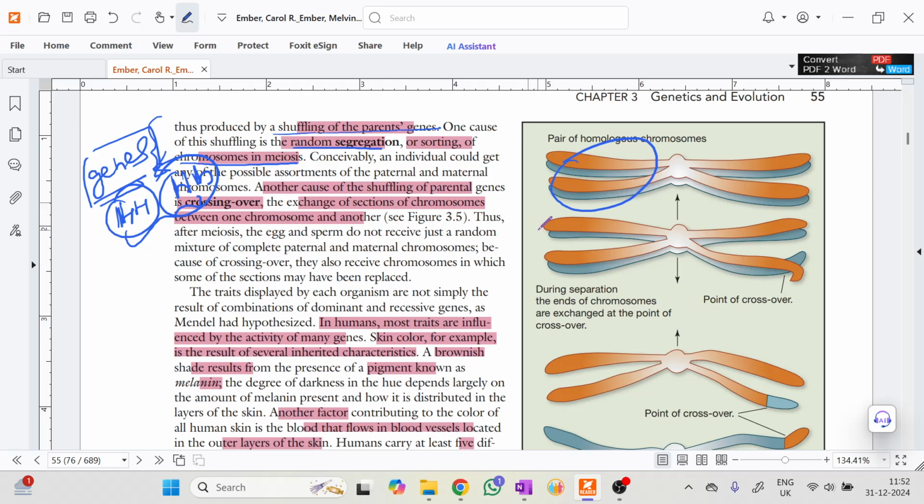But by now we know that genes randomly segregate. The whole lot of genes carried by parents in the form of dominant and recessive, or you can say the assortment of genes, those which are fit for inheritance and those which are not, this segregation happens, and conceivably an individual could get any of the possible assortments of paternal and maternal chromosomes.